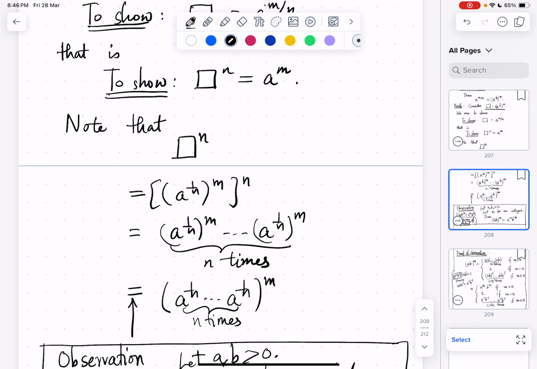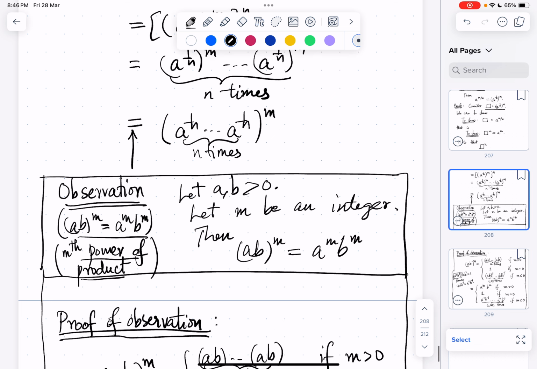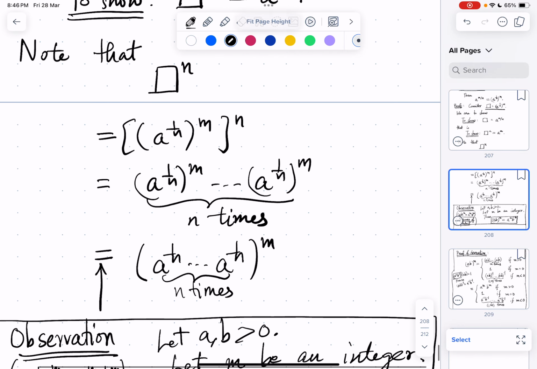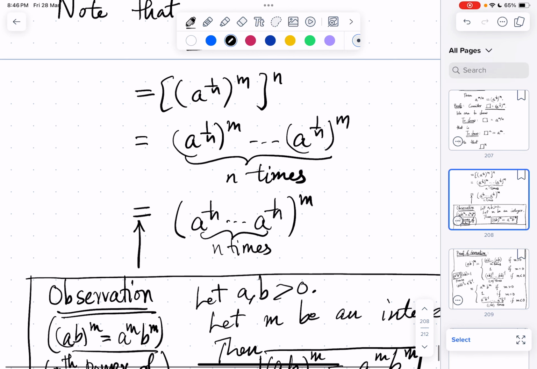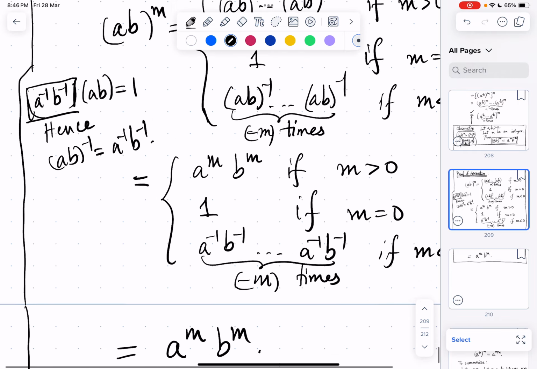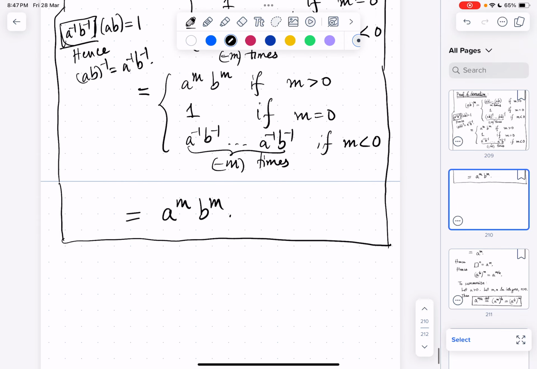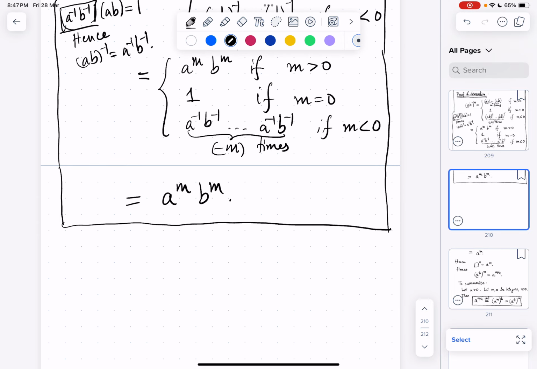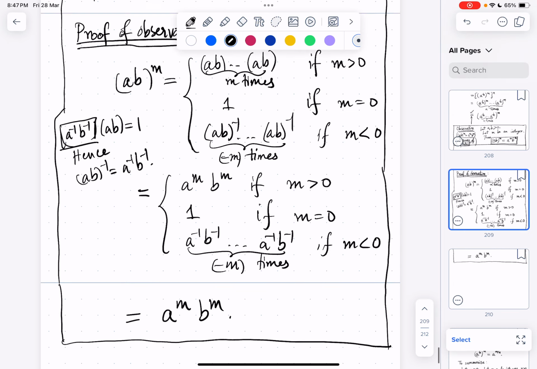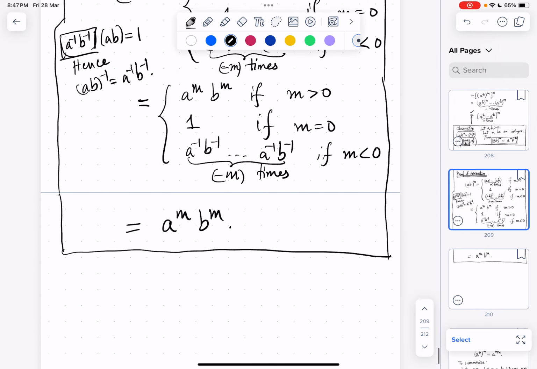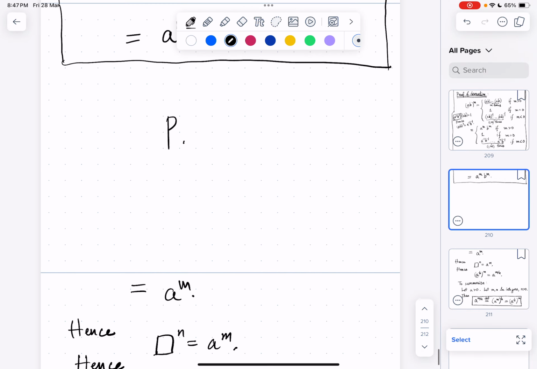So box^n is, here we use this observation: (ab)^m is a^m b^m. The product of mth powers is the mth power of the product, hence this step is okay now, and this is just a^m. So this is just a^m, the above thing. Maybe it's useless to take a new page, so I'll just write PTO, or I'll leave it here.